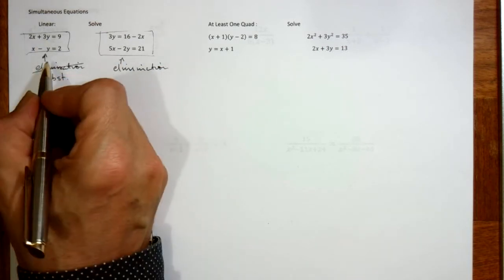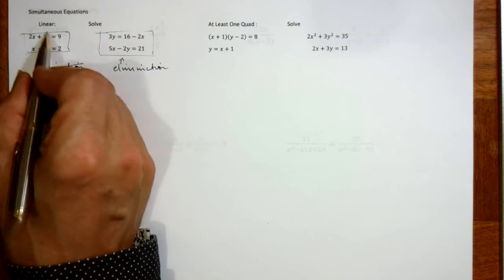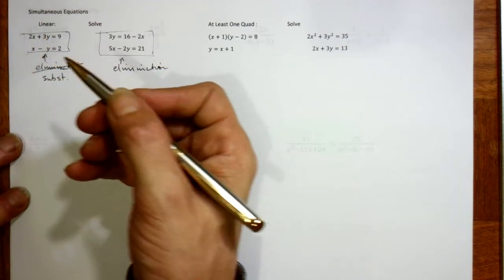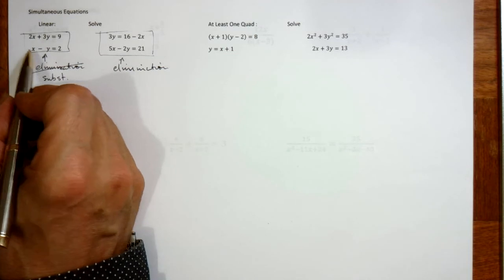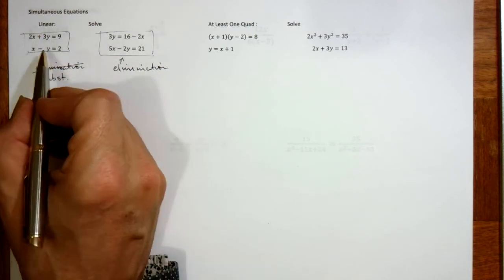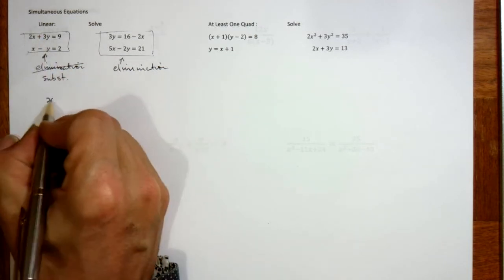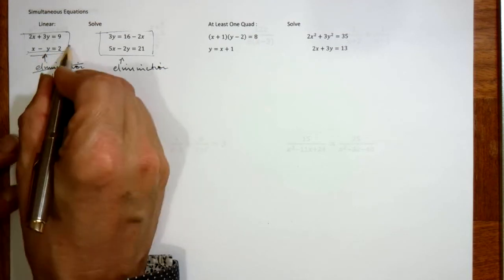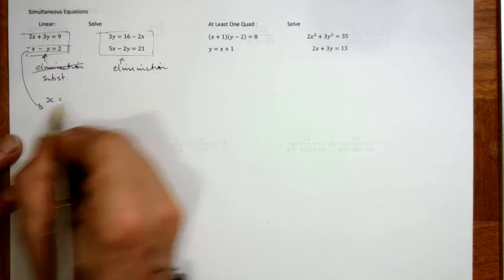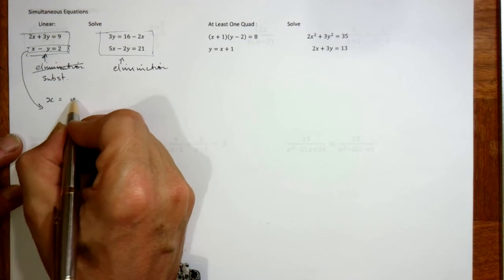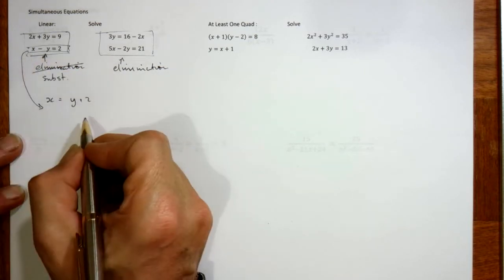Right, substitution says we're going to get a value from one of these equations by rearranging, and then use that value to sub into the other one. Right, this one, I think we can rewrite the second equation as x equals y plus 2, by adding the y over the other side.